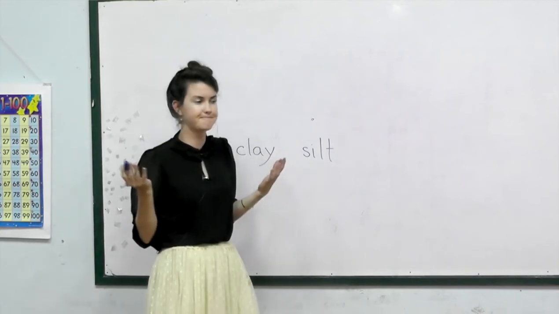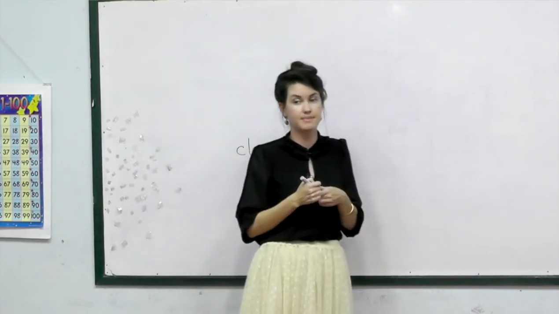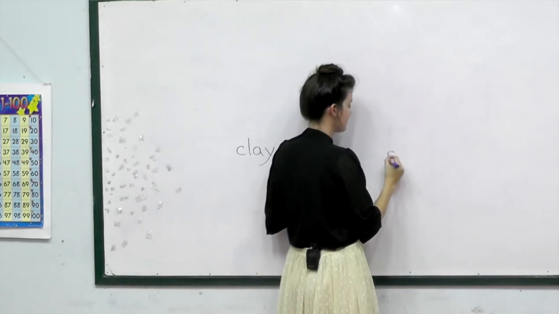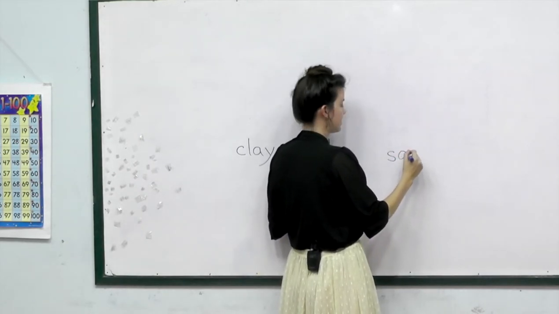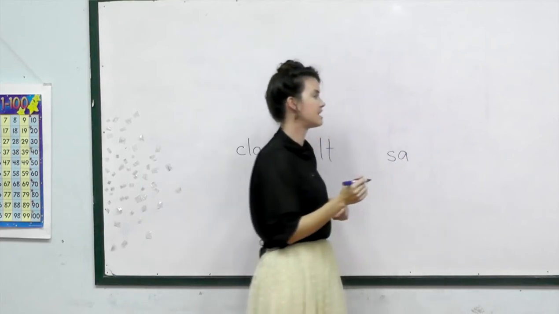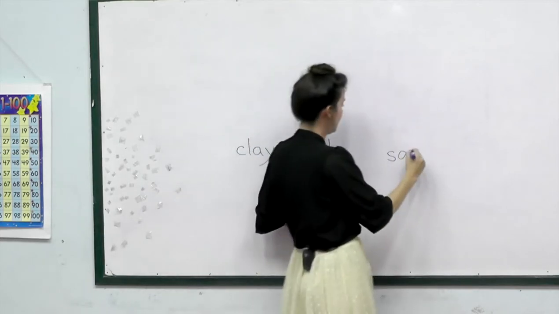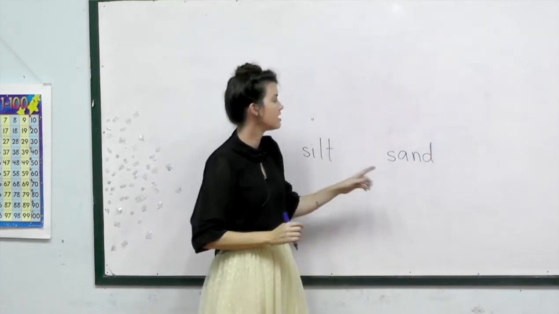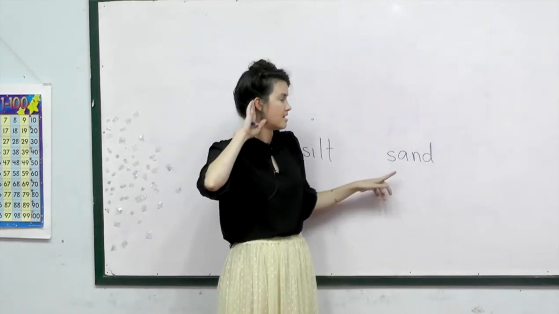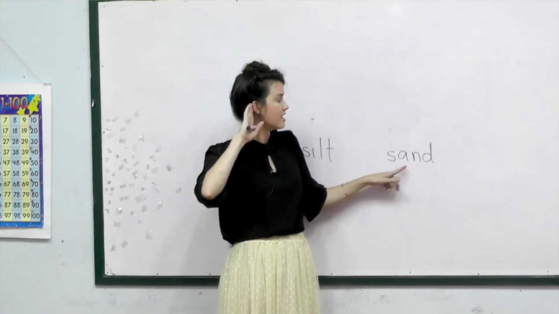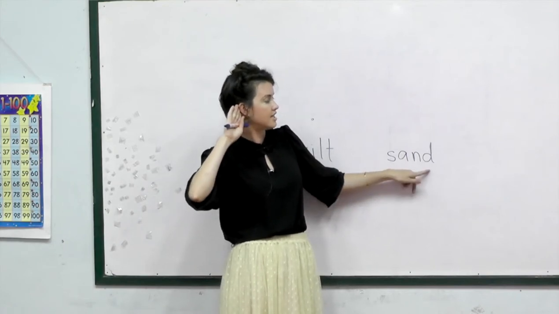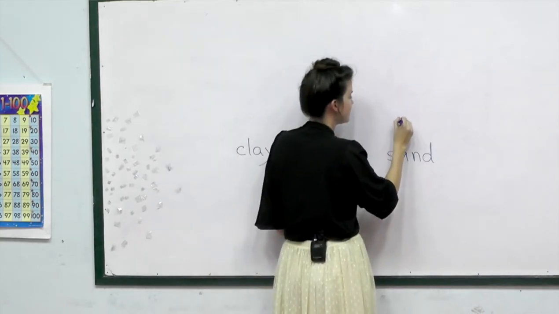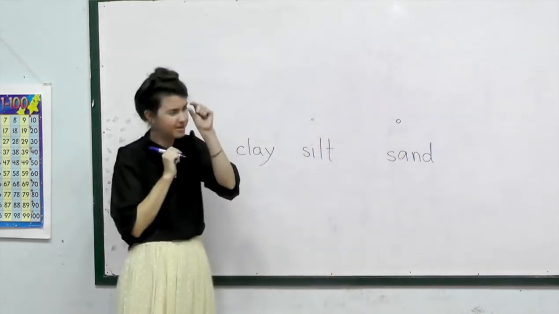What's missing? Sand. Can you help me spell? S, A, N, D. Let's do all 4 sounds. Very nice. Great job. And sand is a little bit bigger.